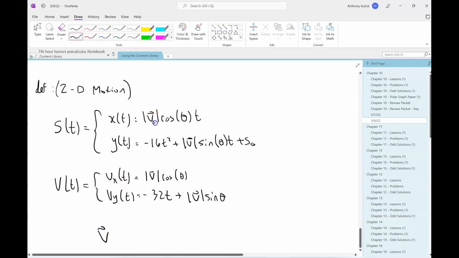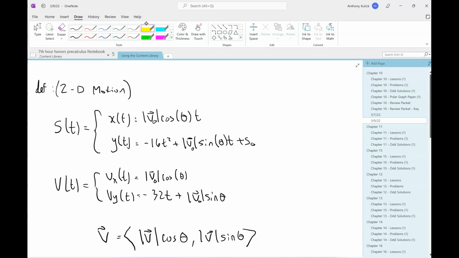So let's actually make those v naughts, right? These are all initial velocities. And I'll just write this as v in general. But remember the component form definition for a vector is this, right?